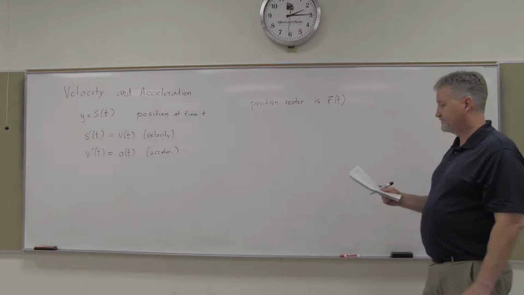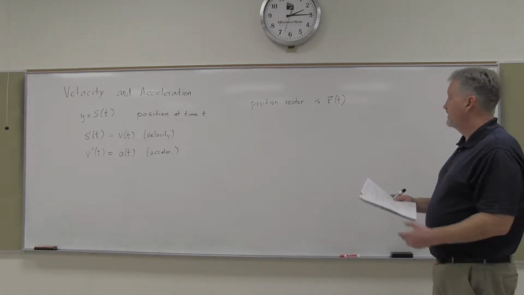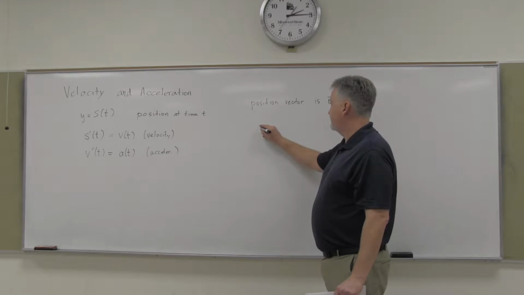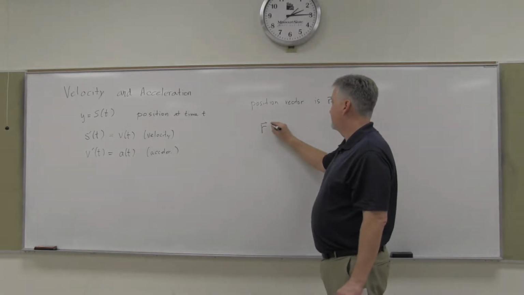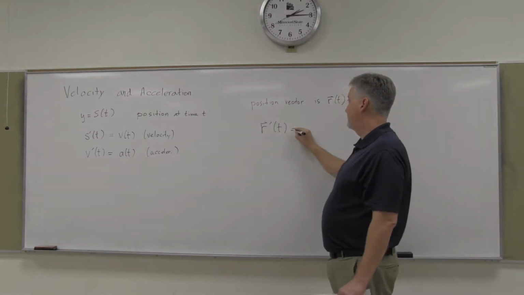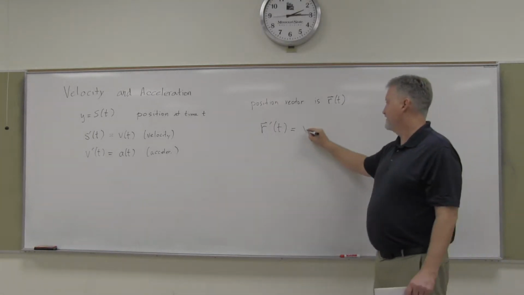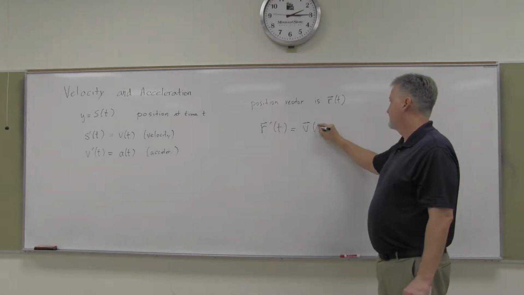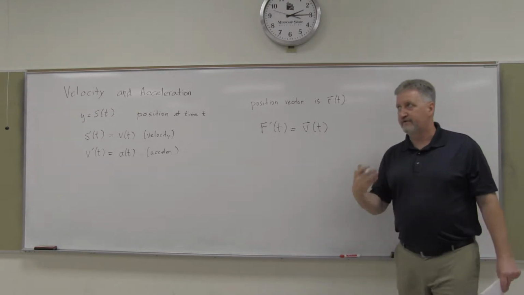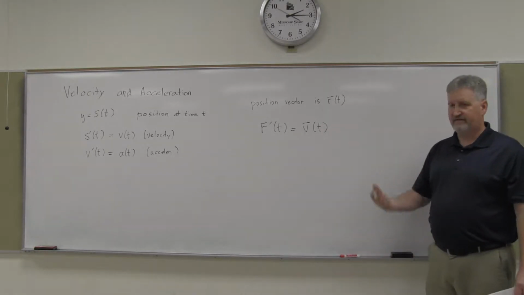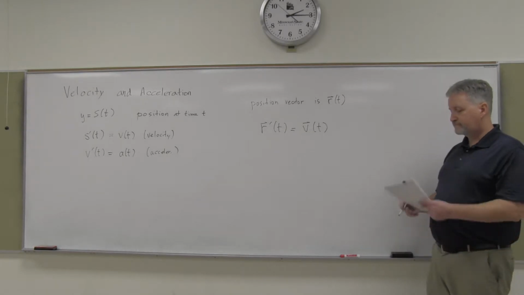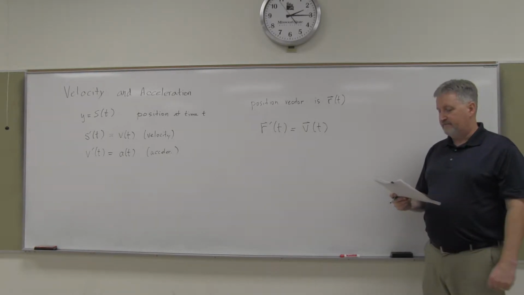Same idea. Guess what r prime of t would be? It's the velocity, right? v of t. And so that would give us a velocity vector at time t.